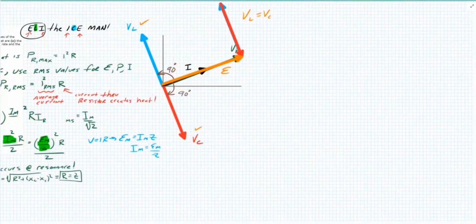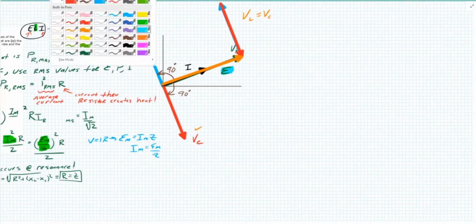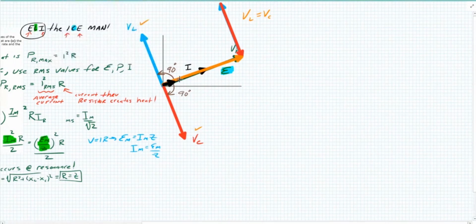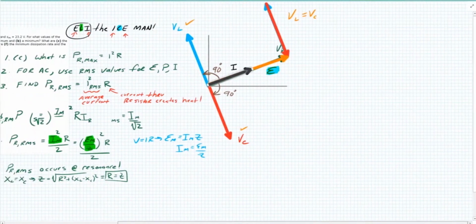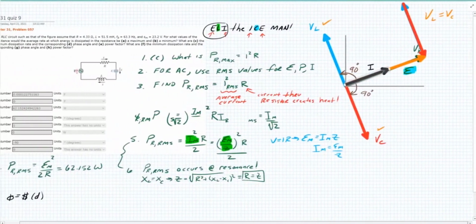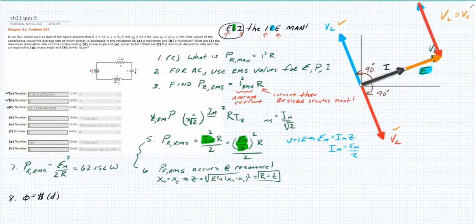So here's my EMF voltage right here. Here's my current vector. It's hidden. It's that black vector right here. And you can see the phase angle is 0. Okay, so the answer to D is 0, the phase angle at resonance.